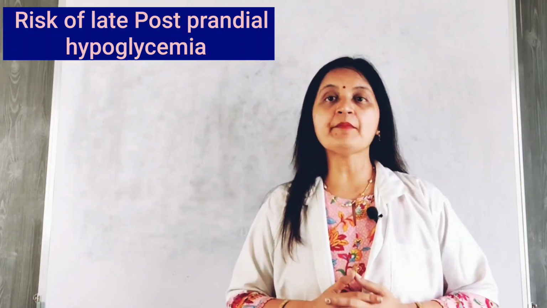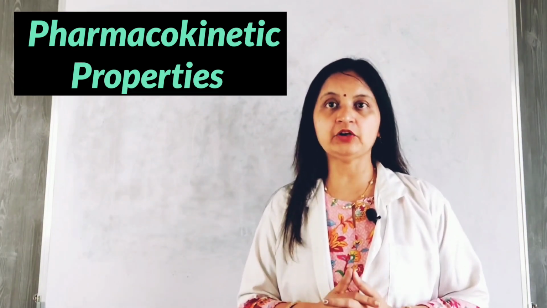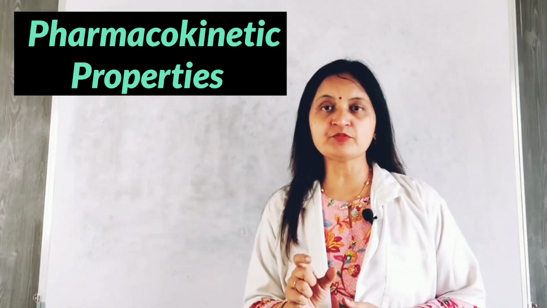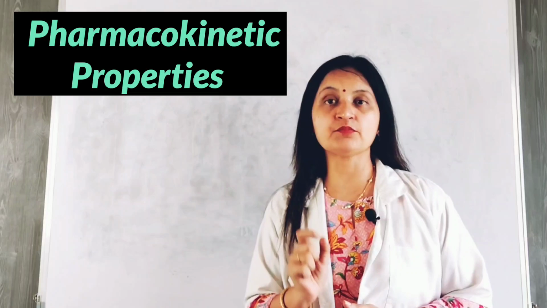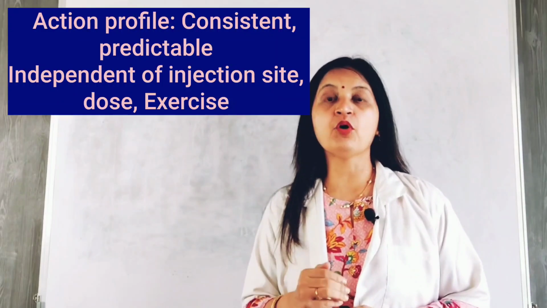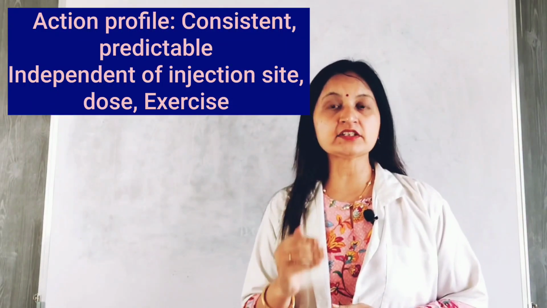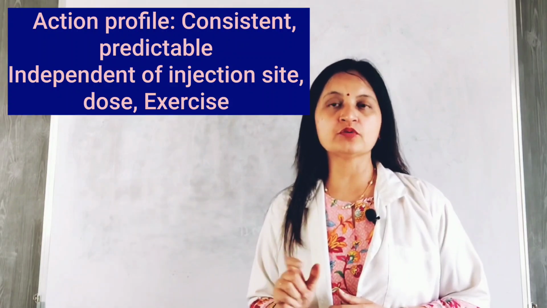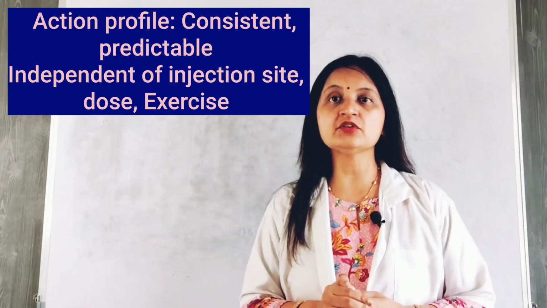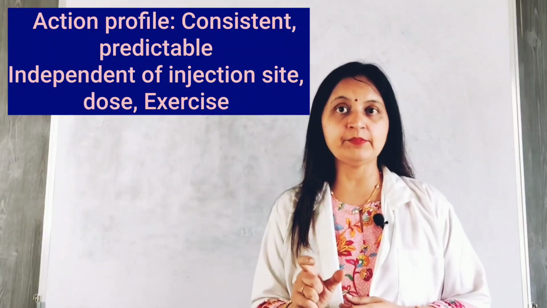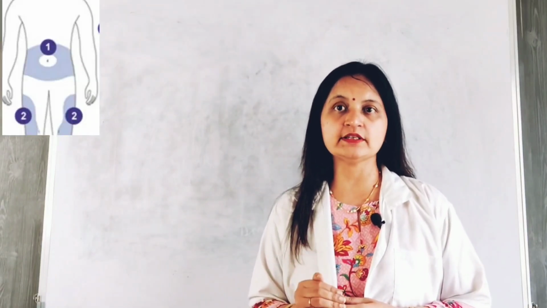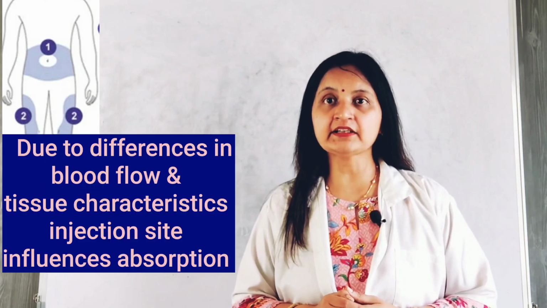So coming to the pharmacokinetic properties. The pharmacokinetic properties of the insulin analogs are designed to be less variable, which means that the rate of absorption and the action profile are more consistent and more predictable regardless of external factors such as injection site, exercise and dose. Whereas in case of regular insulin, the absorption rate is more variable depending on the injection site, exercise and dose.